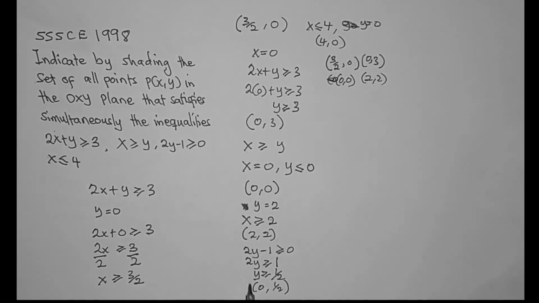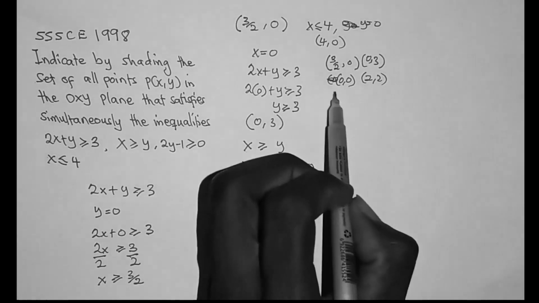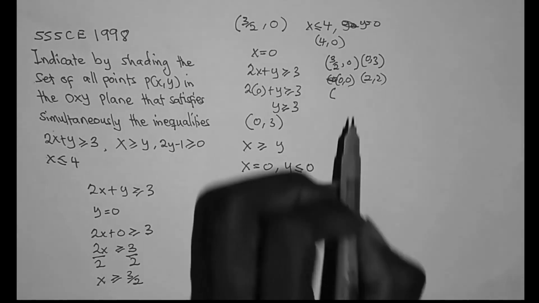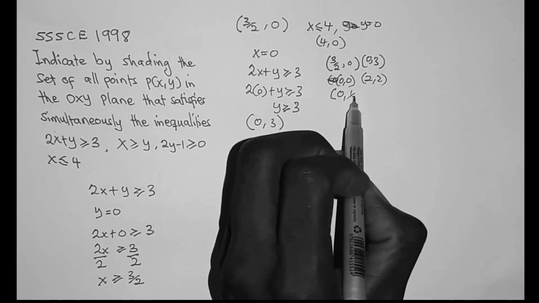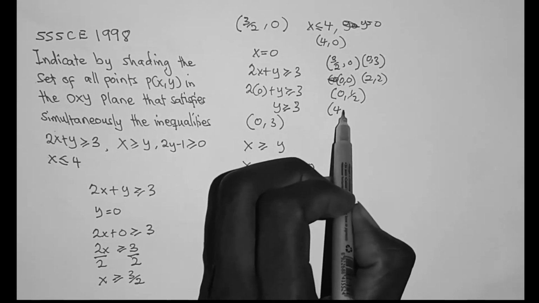Then we also have this inequality, y is greater or equal to 1 over 2, which gives the point 0, 1 over 2, and we also have the last one, which is 4, 0.